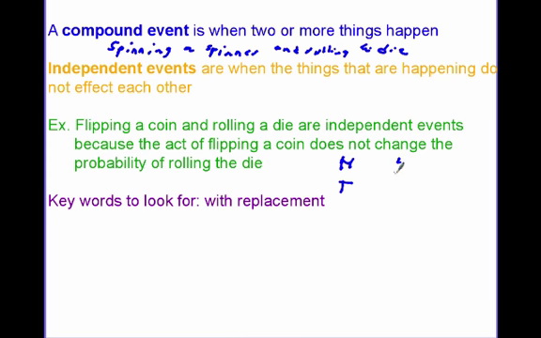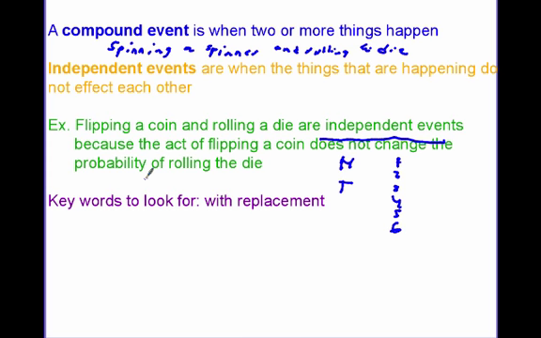And if I roll a die, I have six options, 1, 2, 3, 4, 5, 6. Flipping this coin does not change the probability of what I might get when I roll the die, so they're independent events because they do not affect each other.